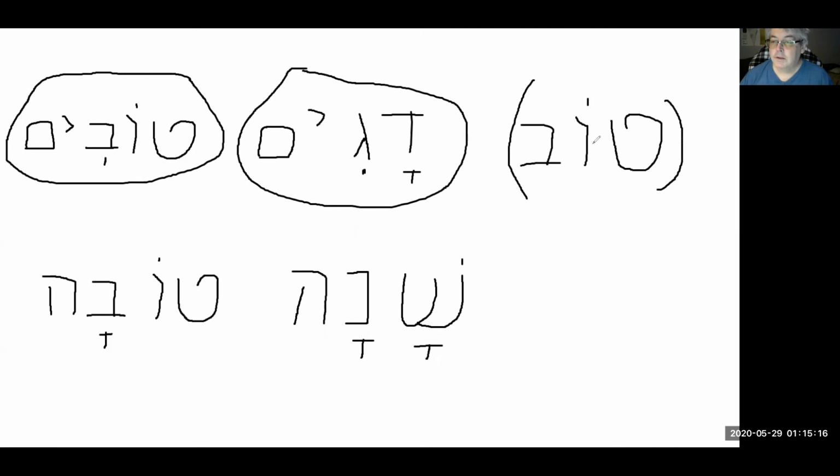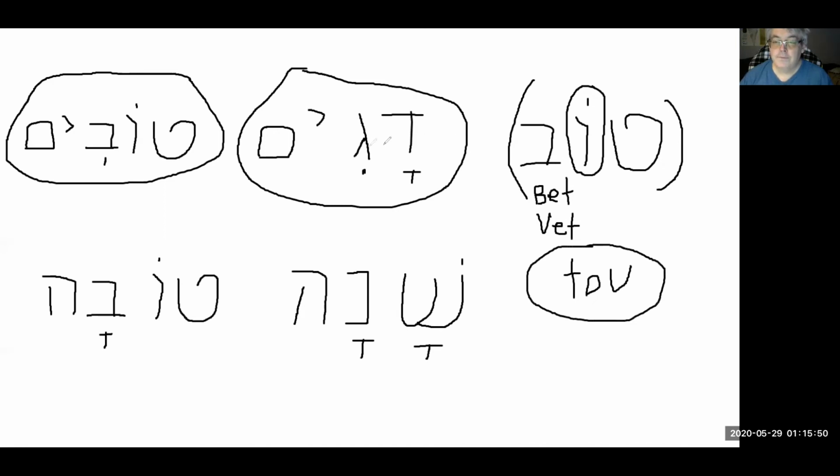So you get the tet, the vav with the holam, and the vet, which is the letter bet, with no dagesh in the middle, right? So it's the V sound. So we call that a vet. Remember, when you have the holam above the vav, it becomes a vowel carrier. So what you're getting is tov, right? That's the Hebrew word for good, and you may have heard that before. It's a pretty common word.